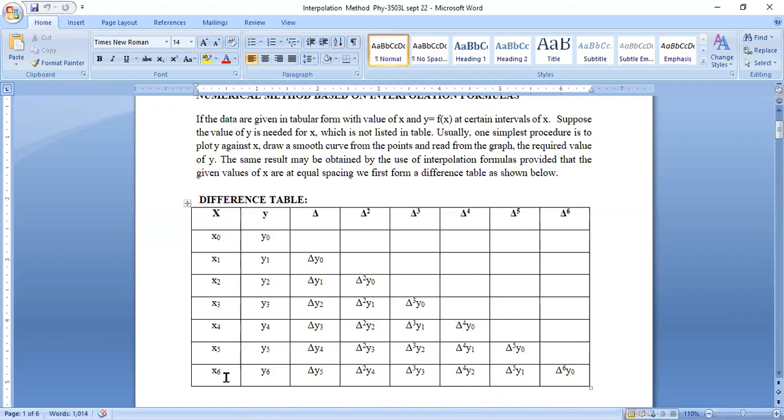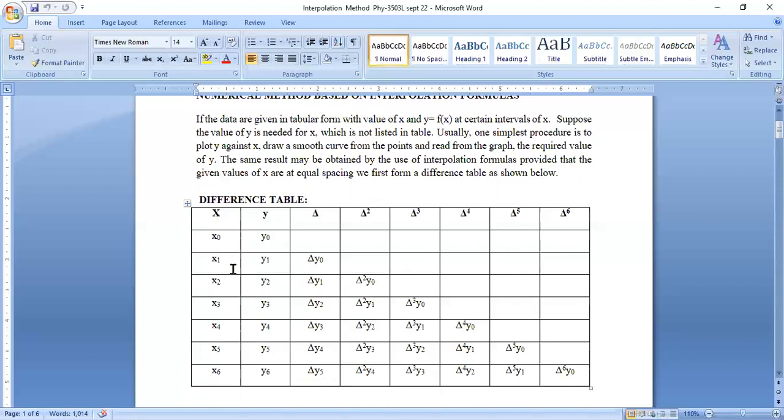And the process of finding the value of y for a given value of x, that is xi, where xi is not lying between x0 and x6, is referred to as extrapolation. Here you have to first prepare a difference table for the interpolation.